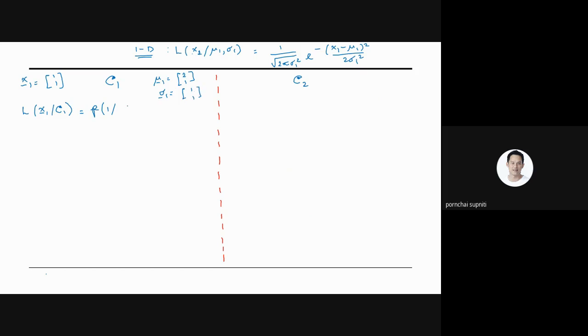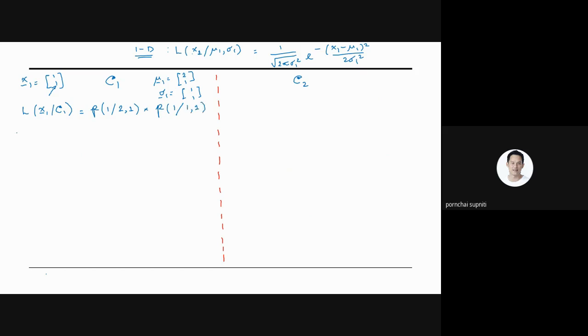So I have the PDF of the x value of the first dimension given the mean and the sigma, multiplied with the second PDF. The second dimension of the data is also 1, given the mean of the second dimension, which is 1, and the sigma.